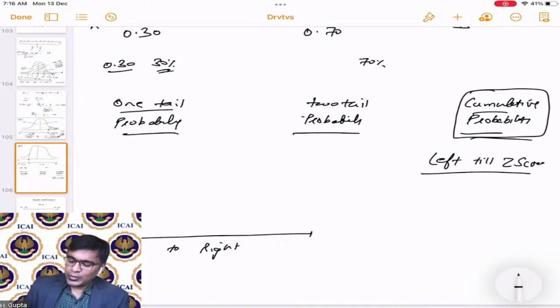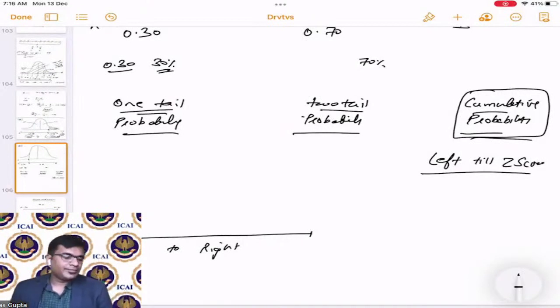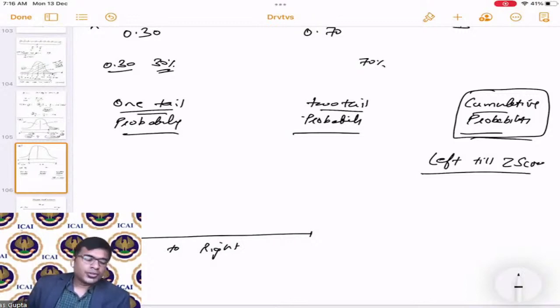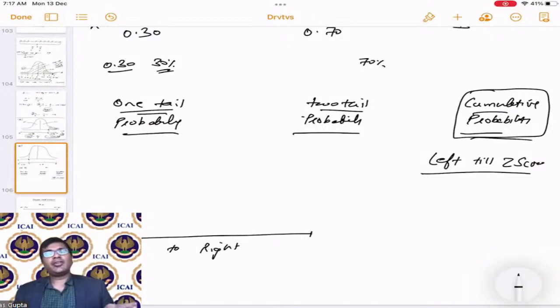We don't need any two tail, or any one tail. One tail means that it is only left or only right. It is not from left to right.